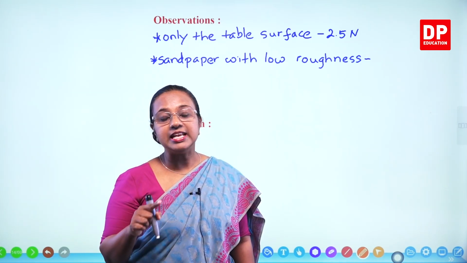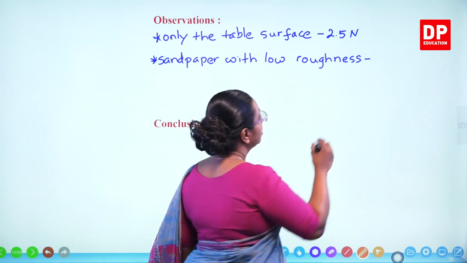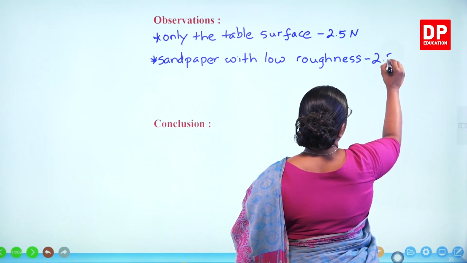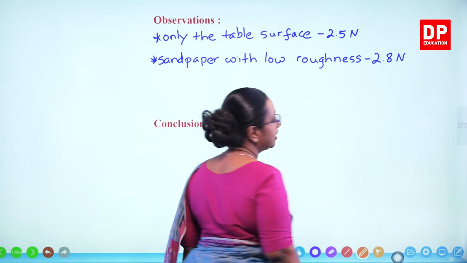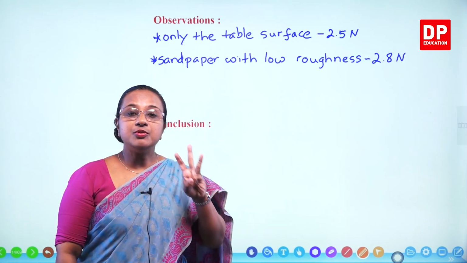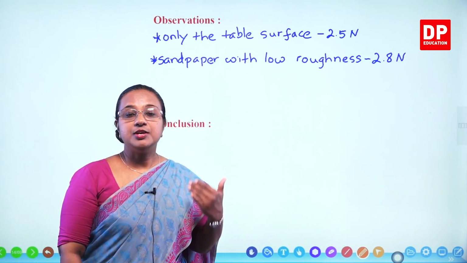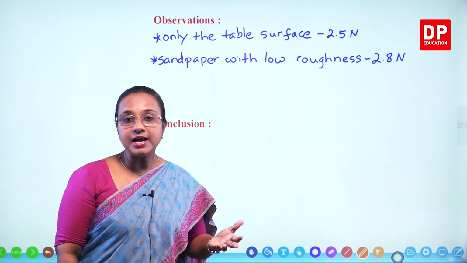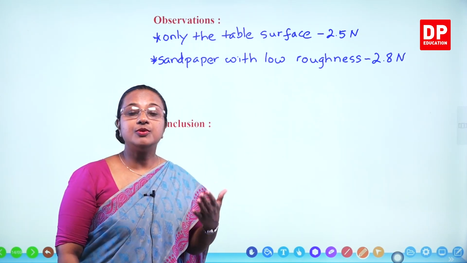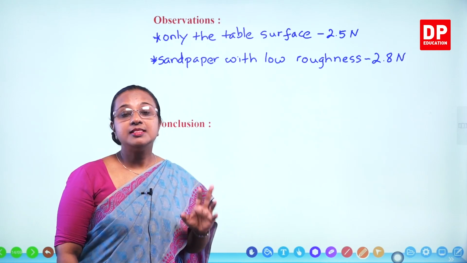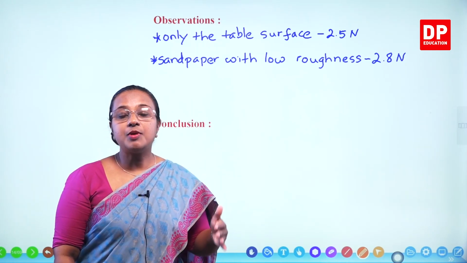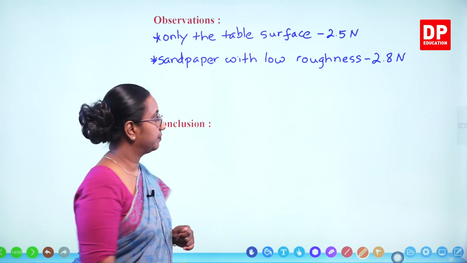You were able to observe that during the activity. So the force required was 2.8 Newton. And during the third instance, we used a sandpaper with a higher roughness. Then the Newton balance reading was 3 Newton as the block just started to move.